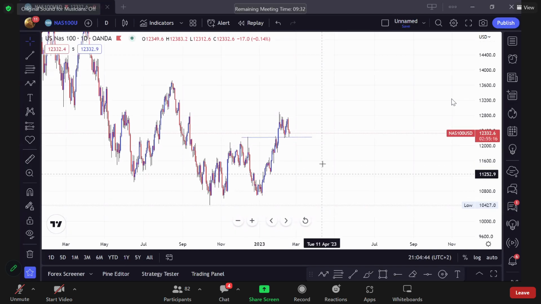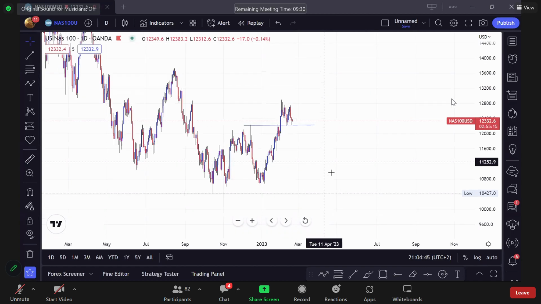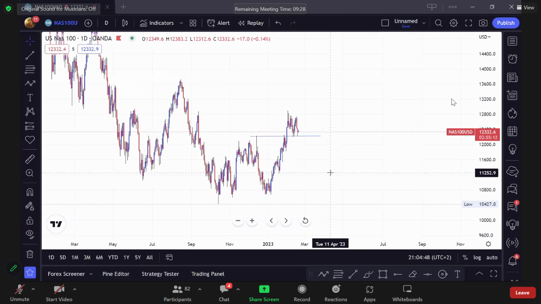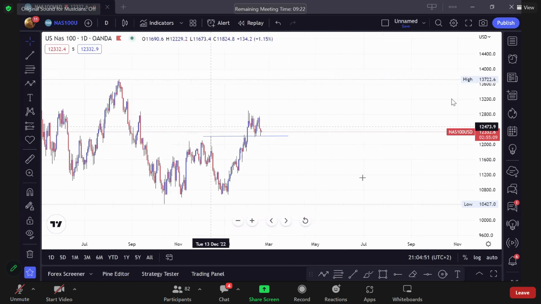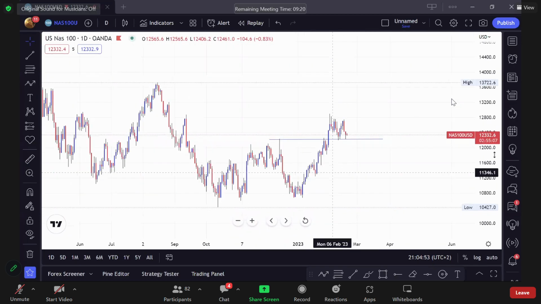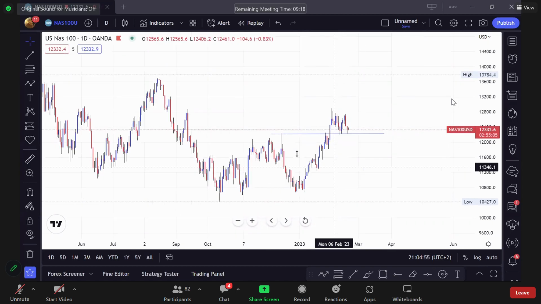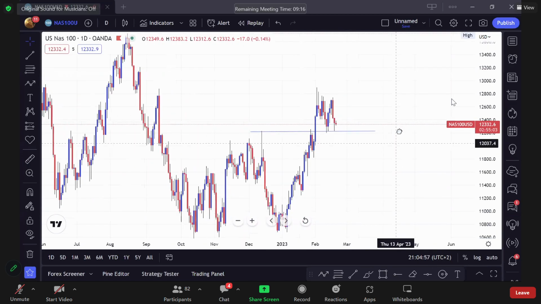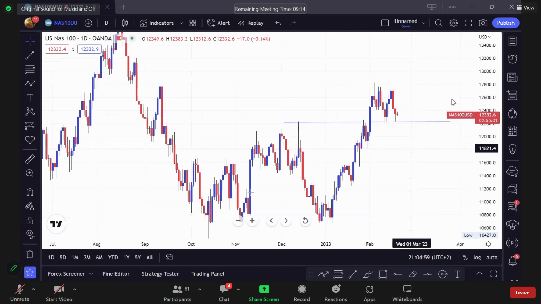Could you just clarify on that, Marco, of the previous high taking out the low? So if we look over here, right? If we're going to look at minor structure, right?